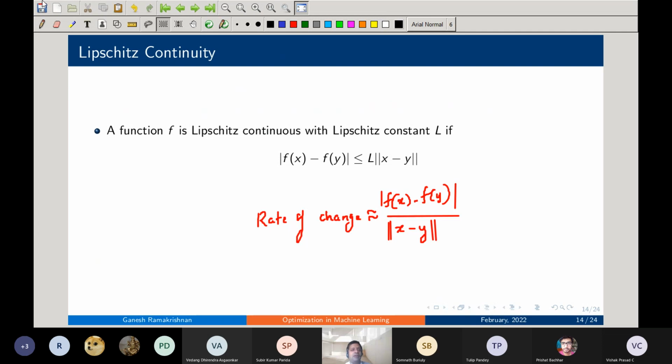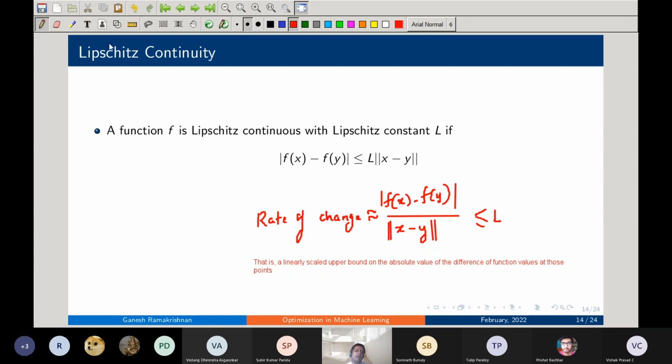Then this is less than or equal to L, if you're allowed to divide by x minus y, that is, when x and y do not coincide. So it's a linearly scaled upper bound on the absolute value of the difference of function values at two points x and y. That's another way of looking at it. Any questions?